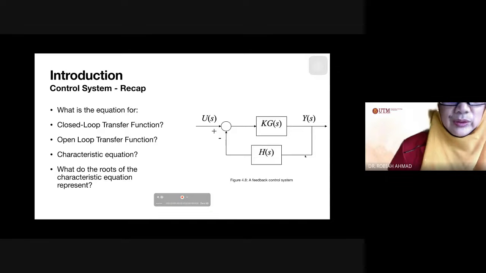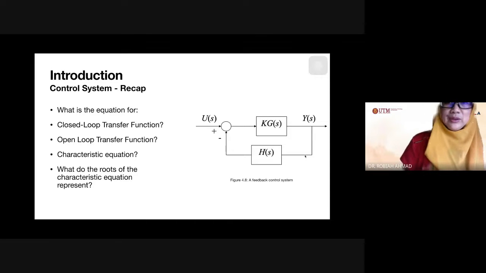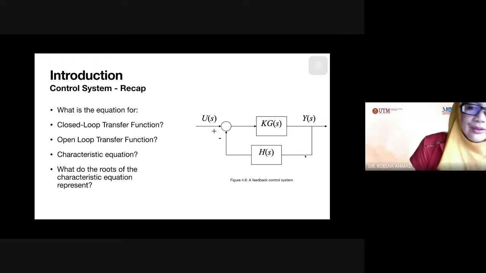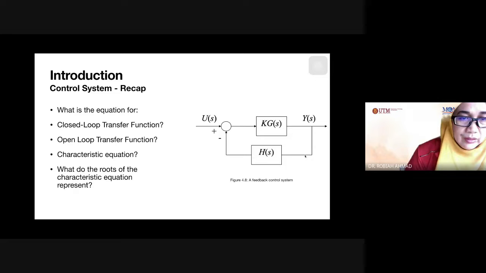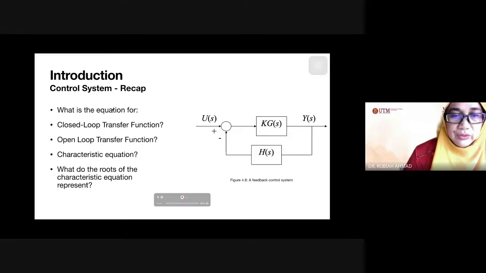I'll give you a few minutes, 2 to 3 minutes, for this feedback control system: find first the closed loop transfer function, second the open loop transfer function, third the characteristic equation, and finally, what do the roots of the characteristic equation represent?